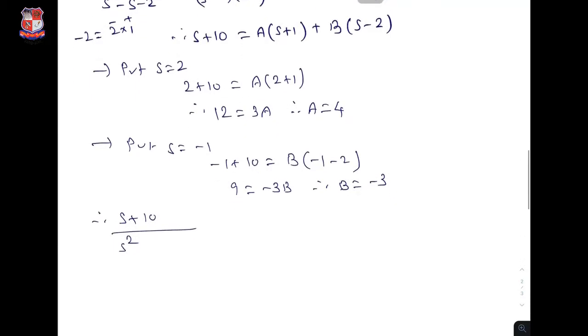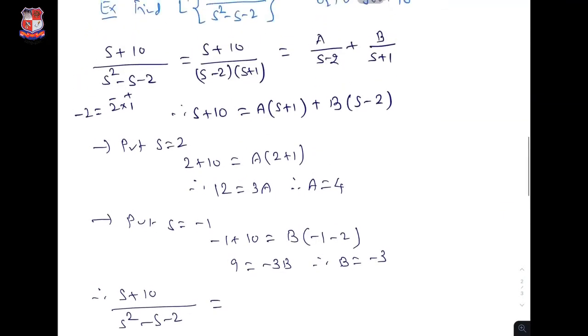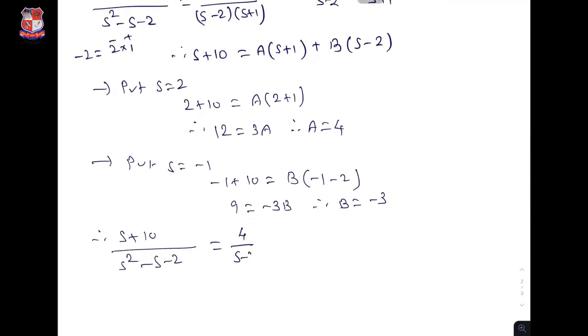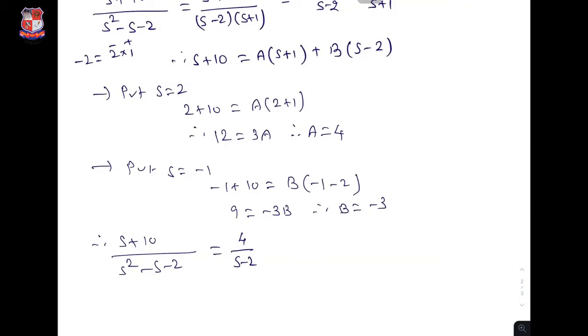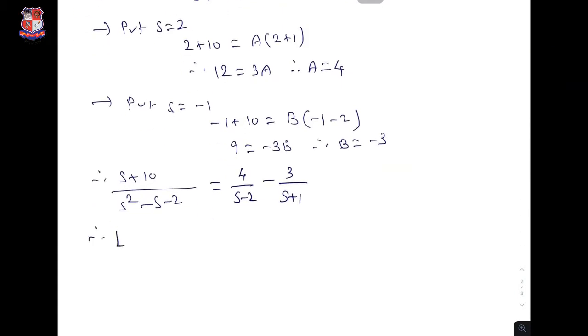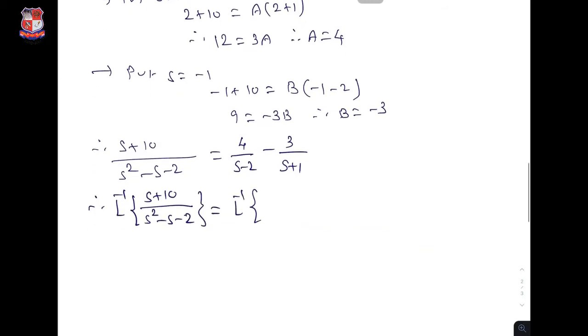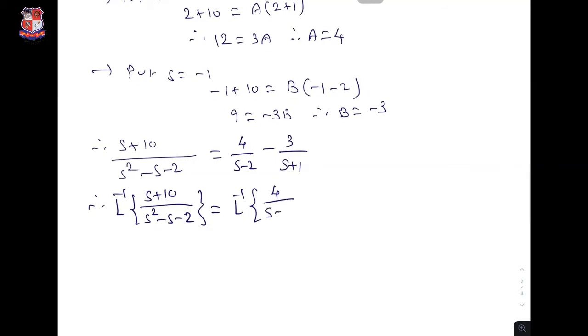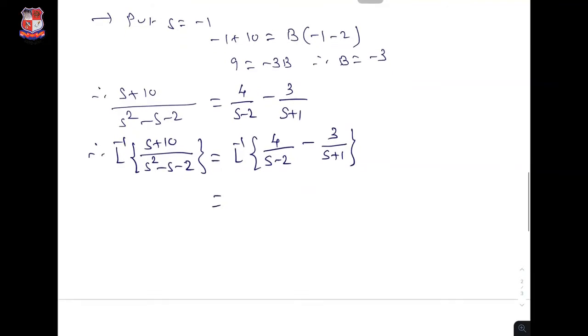Therefore s plus 10 over s square minus s minus 2 equals, A is 4, so 4 upon s minus 2, and B is minus 3, so minus 3 upon s plus 1. Therefore the inverse Laplace transform of s plus 10 over s square minus s minus 2 equals the inverse Laplace transform of 4 over s minus 2 minus 3 over s plus 1.